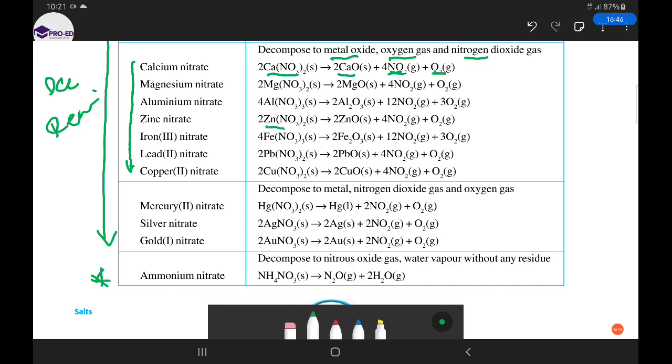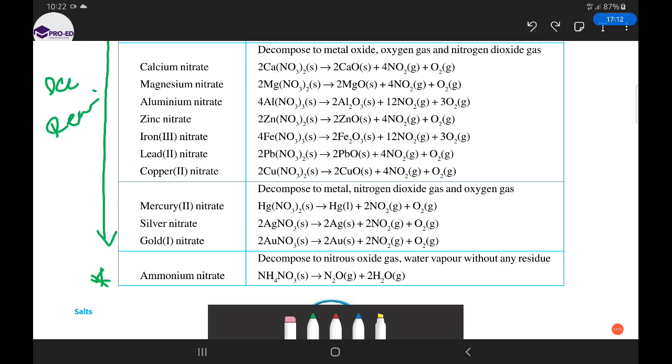You heat it up, and you already know it's going to break down to metal oxide, oxygen, and nitrogen dioxide. So it breaks down to zinc oxide, oxygen, and nitrogen dioxide. Copper nitrate will break down to copper oxide, oxygen, and nitrogen dioxide. So this group will form a metal oxide, oxygen, and nitrogen dioxide. As simple as that, guys.